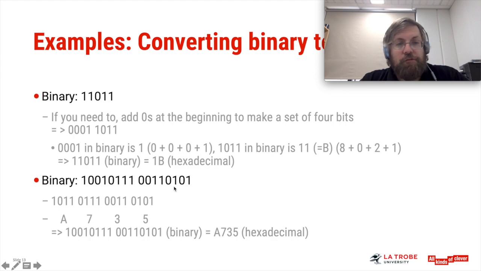Here we have 2 bytes, 16 bits. They're already in chunks of 4, so we just take them in chunks of 4. 1010 is 10, which is A. 1001 is 9. 0111 is 7. 0011 is 3. 0101 is 5. So the first binary value is A735.